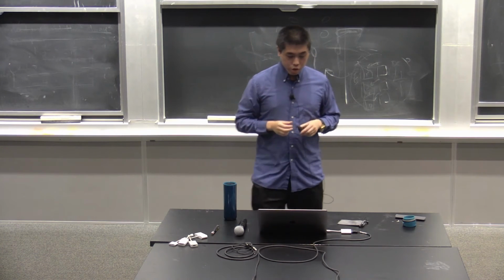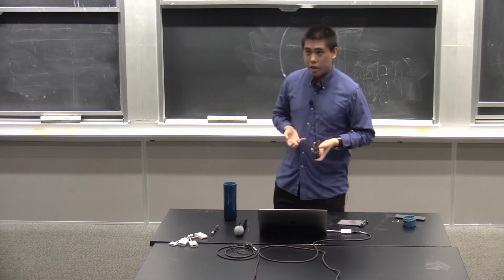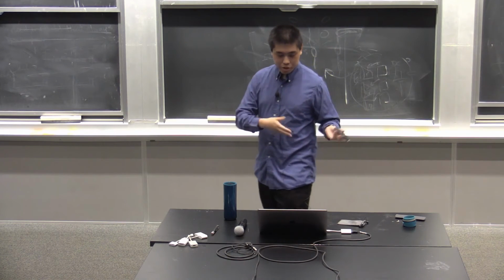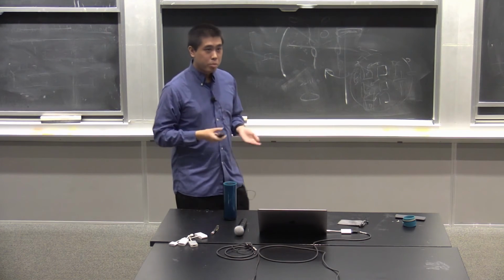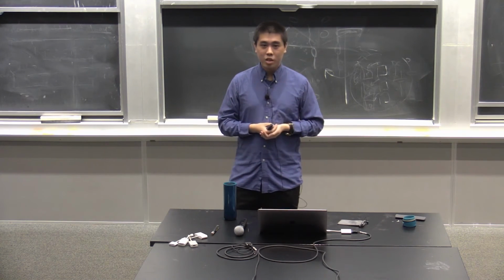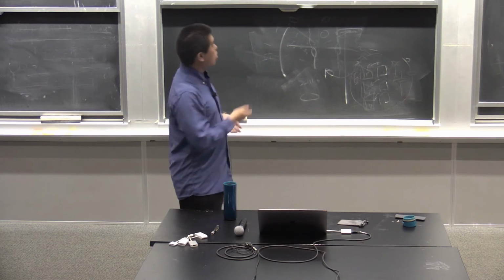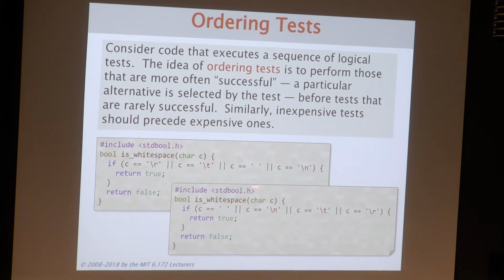Yeah. So it turns out that the space and the new line characters appear more frequently than the carriage return and the tab, and the space is the most frequent because you have a lot of spaces in text. So here I've reordered the tests so that the check for space is first. Now if you have a character that's a space, you can just short circuit this test and return true.